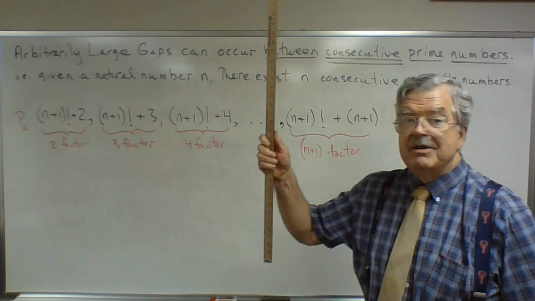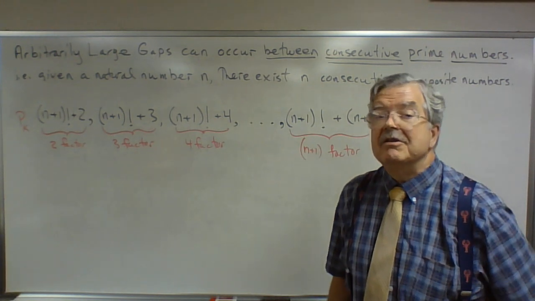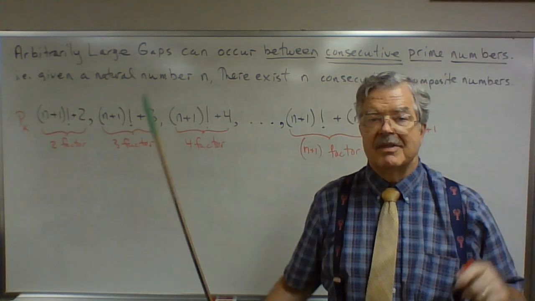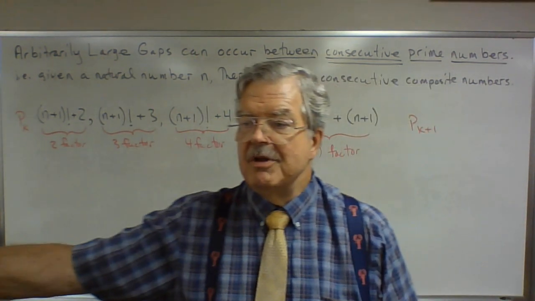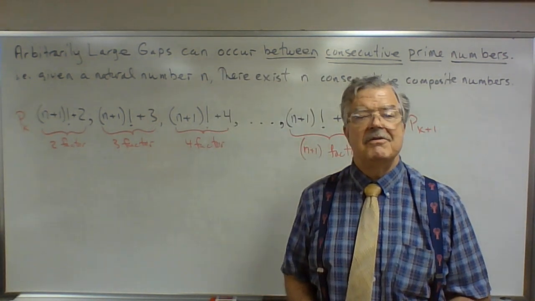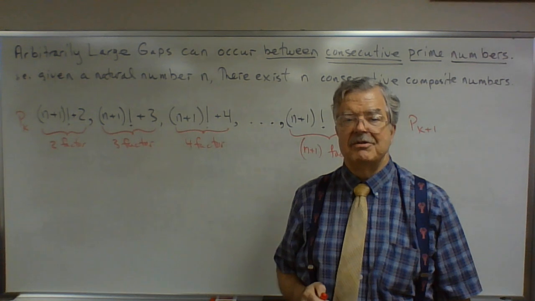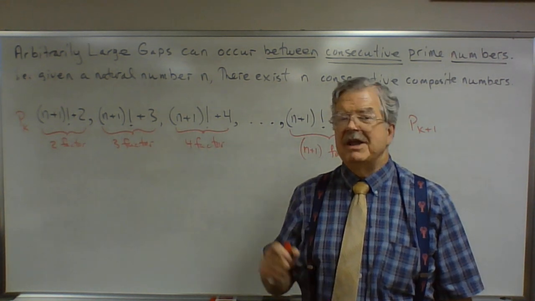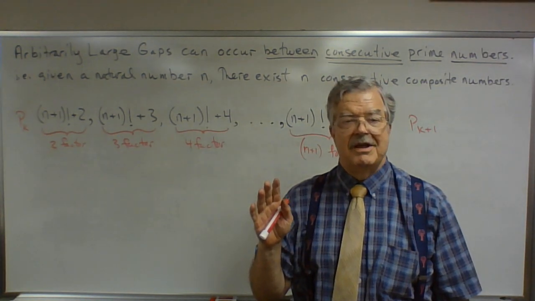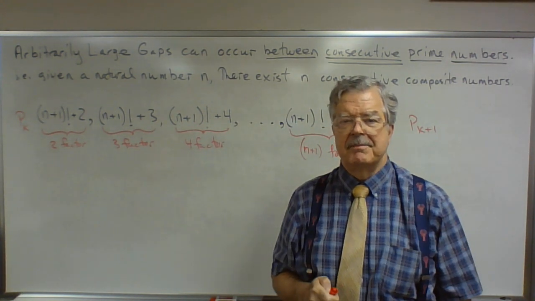So as we go way up into the natural numbers, consecutive prime numbers can occur arbitrarily far apart. And yet, most number theorists believe that the twin prime conjecture is true and that there are infinitely many twin prime pairs. Pick a natural number as large as you want. The twin prime conjecture says that you're going to find a twin prime pair greater than that natural number.